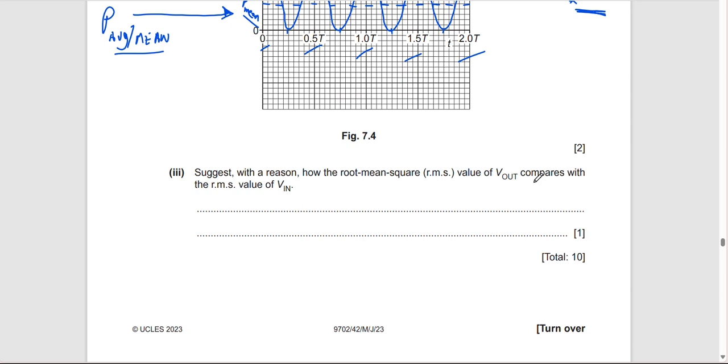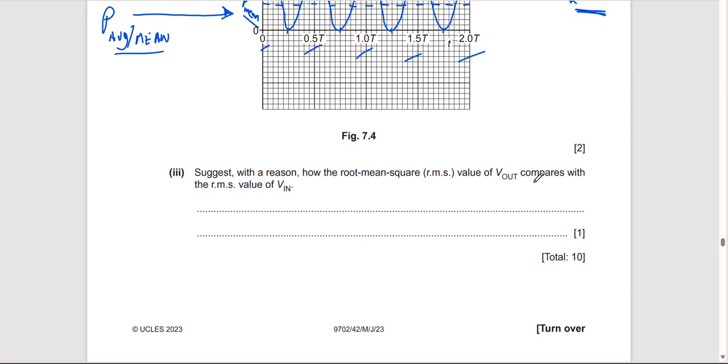Okay, part 3. Suggest with a reason how the root mean square value of V out compares with the RMS value of V in. Okay, so for this question, the power time graph for V in and V out is going to be the same, right? And because it's the same, that will automatically mean that V out and V in are the same.